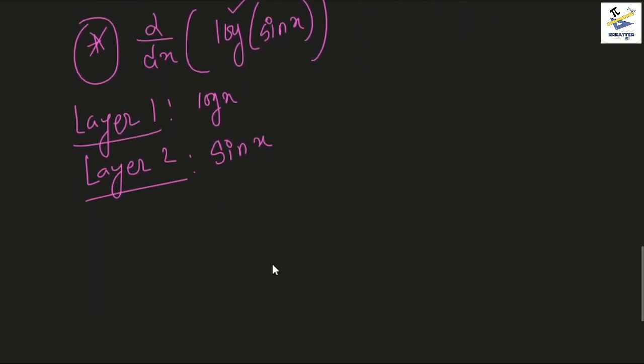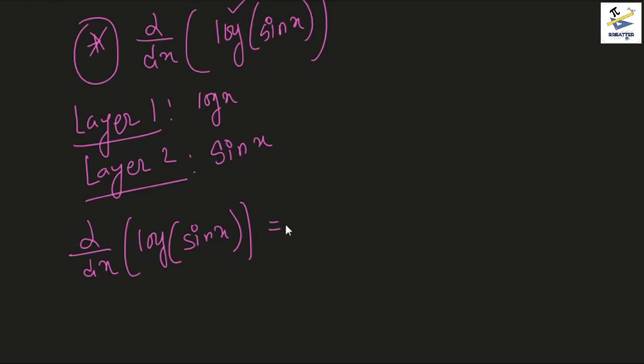Now the answer can be written directly if we have that in mind, because we differentiate one by one and we keep on doing that until we reach the inner bottom where x is present. So d dx of log of sin x is simply equal to, firstly we do the d dx of log x, which is 1 by sin x, and then we do the differentiation of sin x, which is cos x, right?